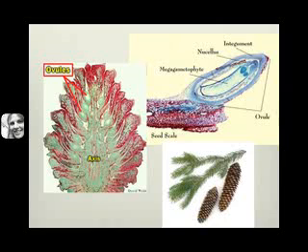And here we have the female gametophyte, the megagametophyte. It's haploid, and it contains the archegonia with the eggs, and it is the haploid generation of the pine life cycle. And then of course the new embryo is diploid, and it will produce the new sporophyte generation.